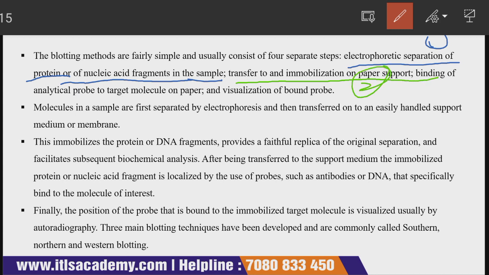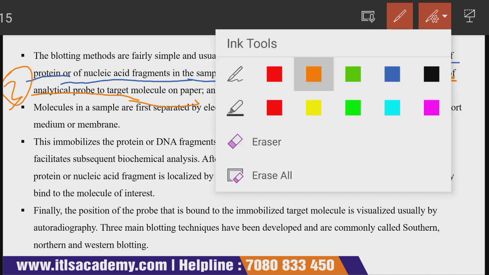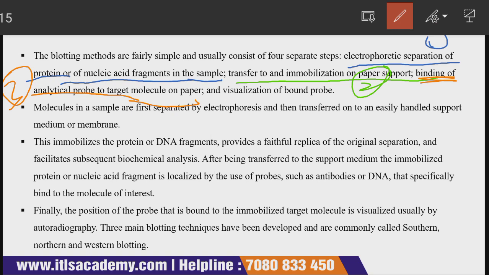Then the third step is the binding of the analytical probe to a target molecule on the paper. And the fourth one is the visualization of the bound probe. So generally it has only these 4 steps.